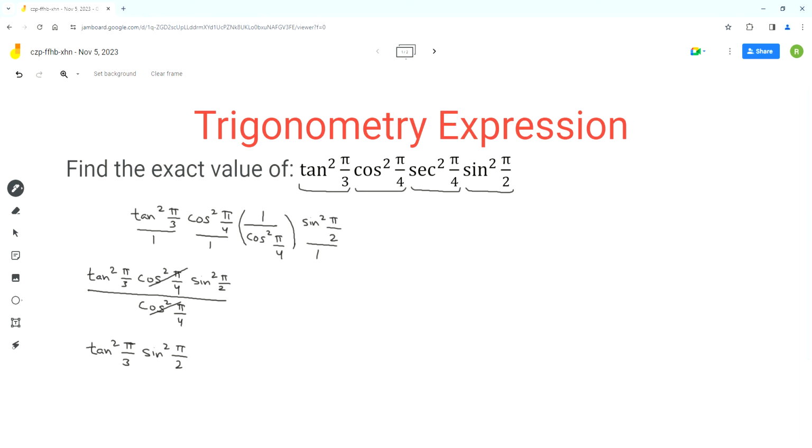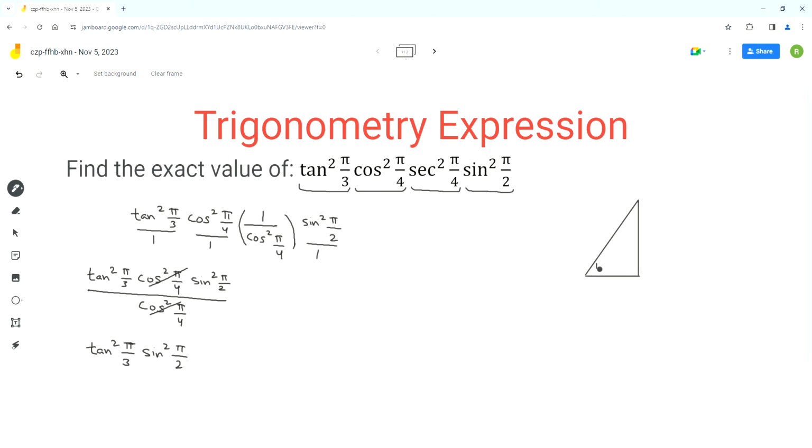Now we can find the exact value of tan pi over 3. Pi over 3 is a special angle. So if we are not allowed to use a calculator, we can use the special triangle for pi over 3. So I can show it to you on the board. So the special triangle for pi over 3 will look something like this.